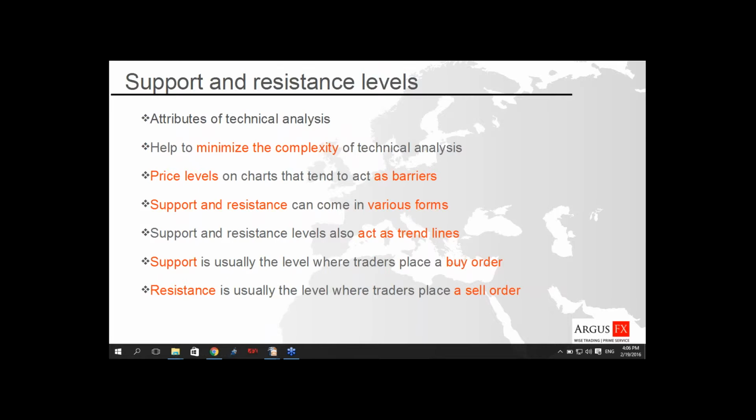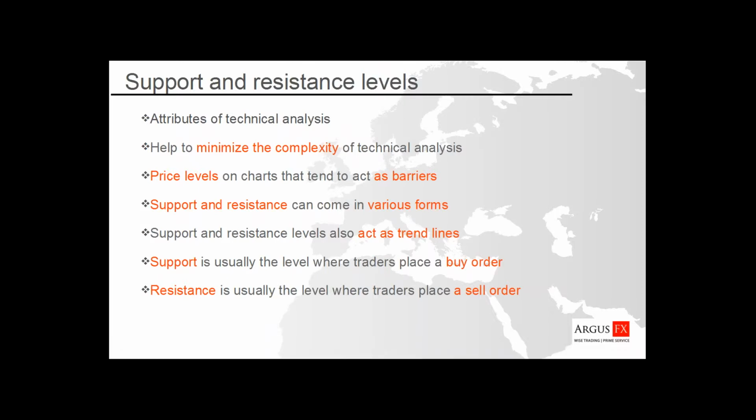On the other hand, resistance is usually the level where traders place a sell order. In other words, support enables us as traders to enter into a buy decision, and resistance to enter into a sell decision.